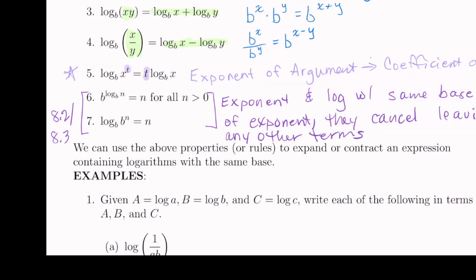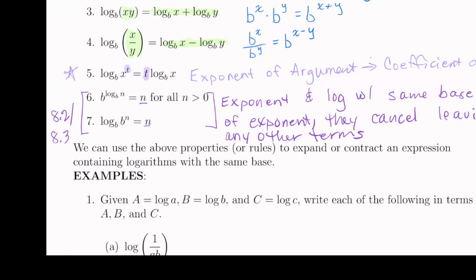So here, if we have b to the log base b of n, we're left with just n. Log base b of b to the n, we're left with just n. Don't worry so much about that. We'll explore 6 and 7 next week.